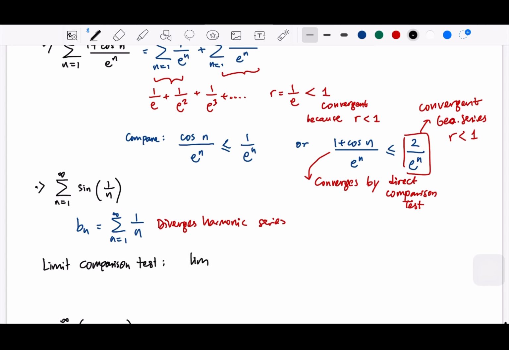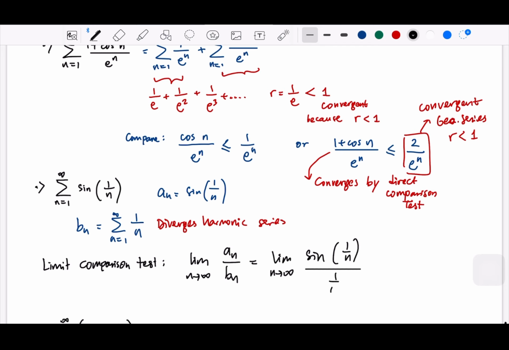So we take the limit n approaching infinity of, let me write, an over bn, an being the sine, or maybe just sine. So take the limit, and here we have sine 1 over n over 1 over n.